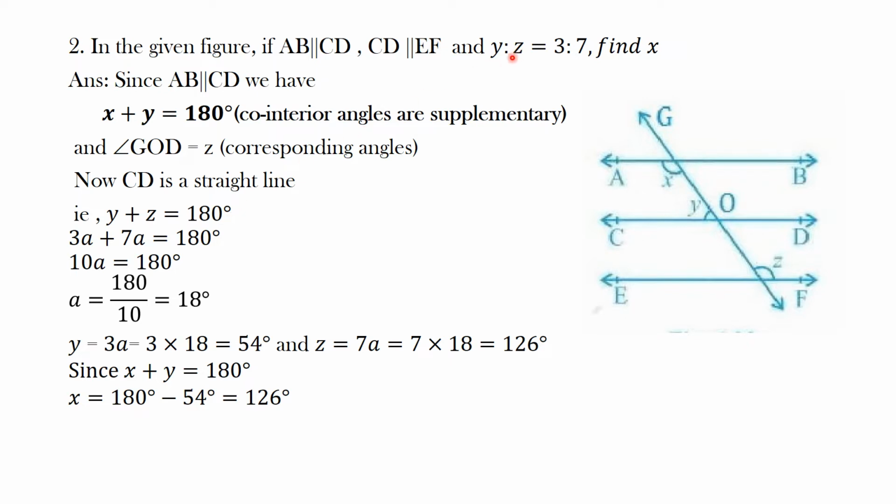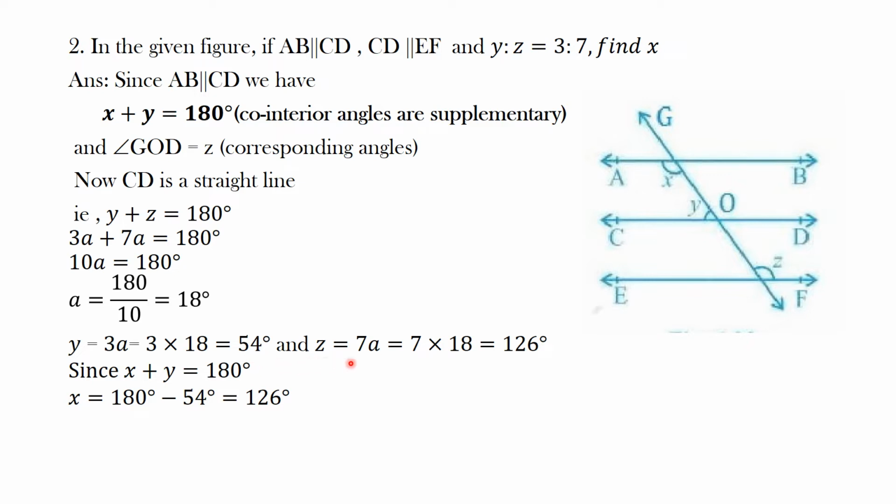We are given the ratio y is to z equal to 3 is to 7. That is 3a plus 7a is equal to 180 degrees. From this, we can find the value of a, which is equal to 180 degrees divided by 10, equal to 18 degrees. Therefore, the value of y will be 3a, which is 3 into 18, equal to 54 degrees.